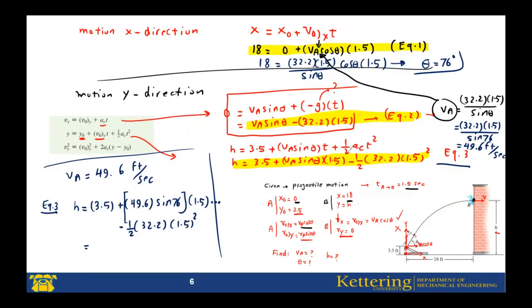We calculate it. It's good that you have the answer. It is 39.7 feet. This is the answer.